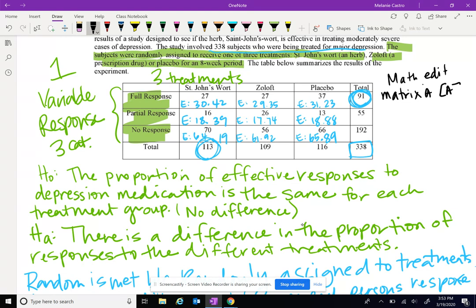Okay, and then matrix A is a 3 by 3. And then put all of those observed.